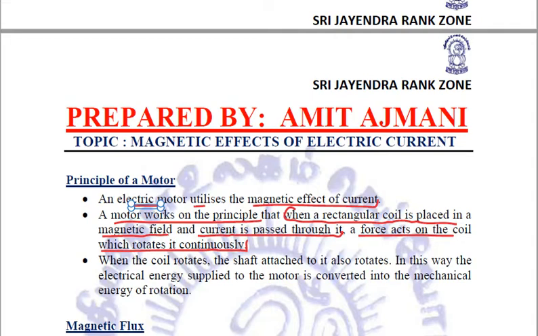Now when the coil rotates, the shaft attached to it also rotates, and in this way the electrical energy which was supplied to the motor is converted into mechanical energy of rotation. This is the principle of an electric motor.